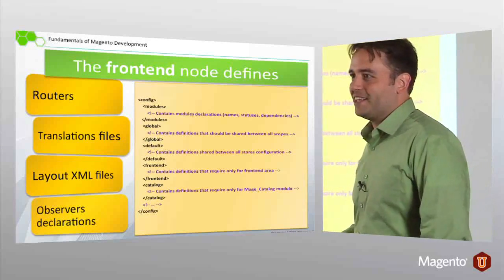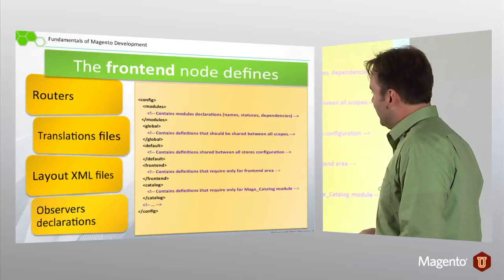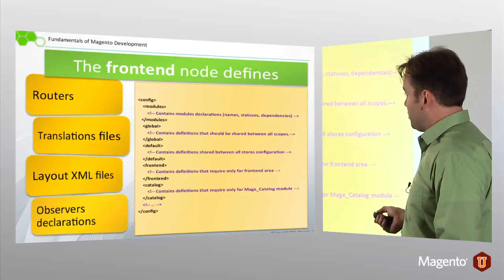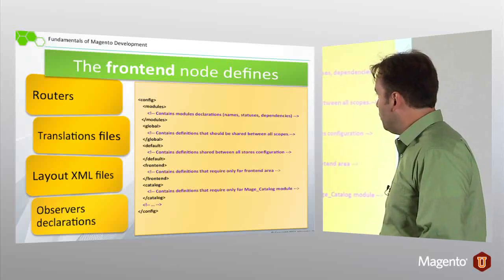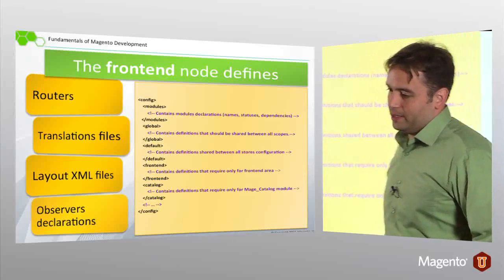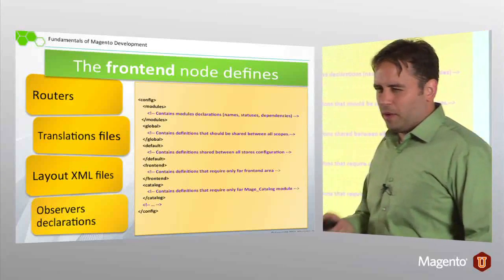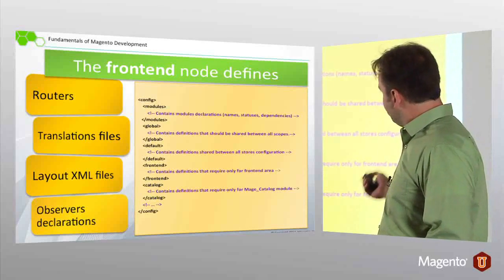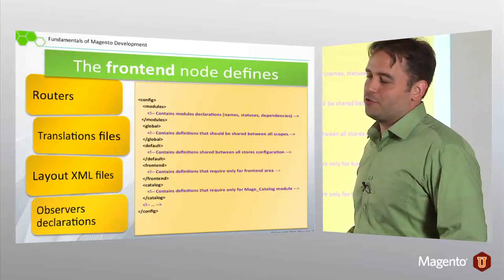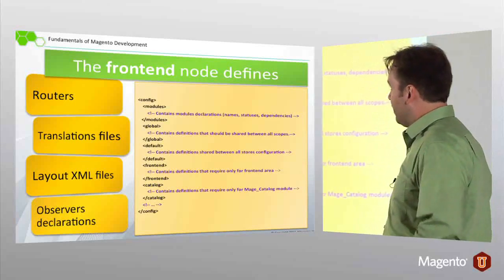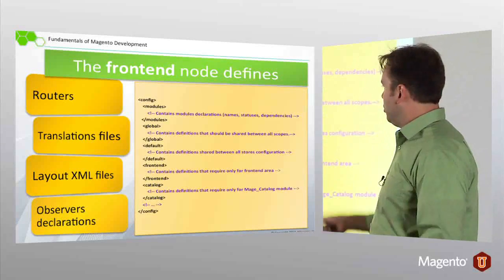Of course, we'll get very tactile with that in a day or so. We also can specify our layout XML files, which is what we were talking about earlier. So inside front end, we might have updates, and I think we have an example of doing that a little later on. And we also declare our observers. That's our event-driven architecture, and again, that's done in the different area scopes.